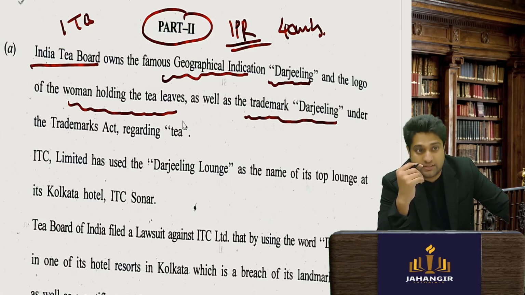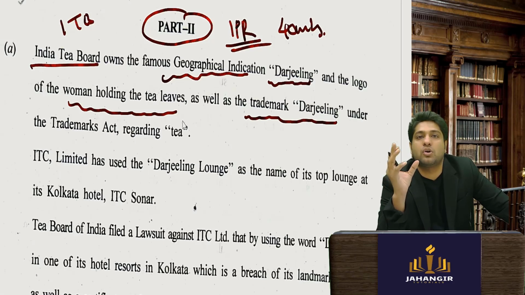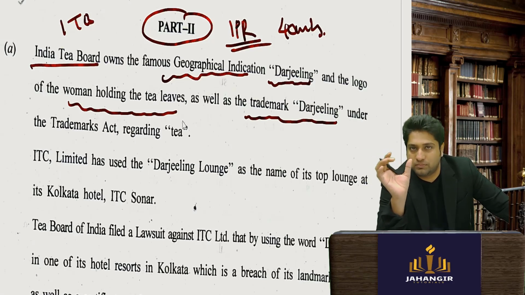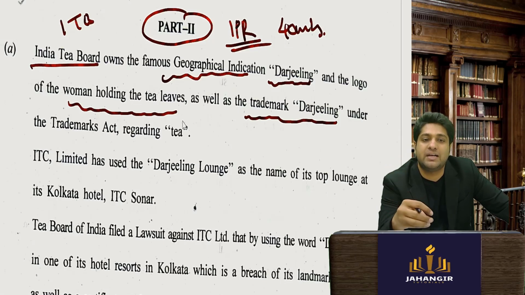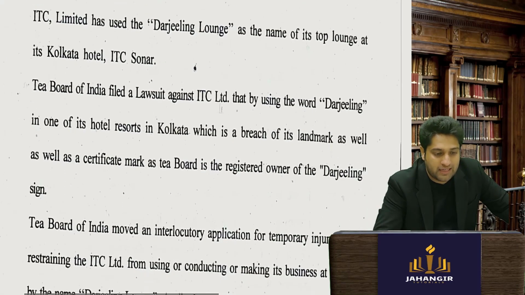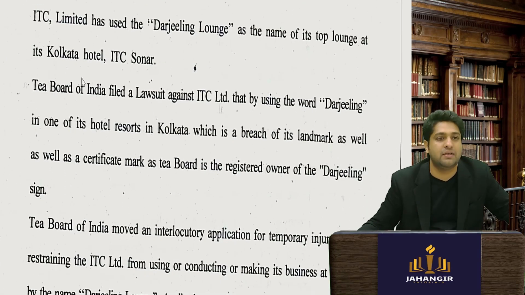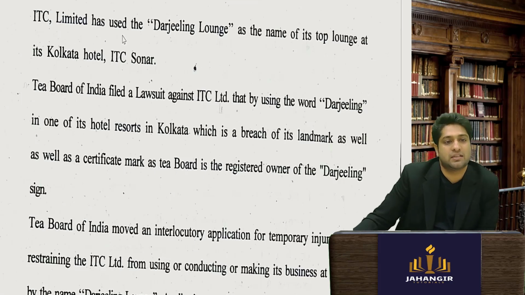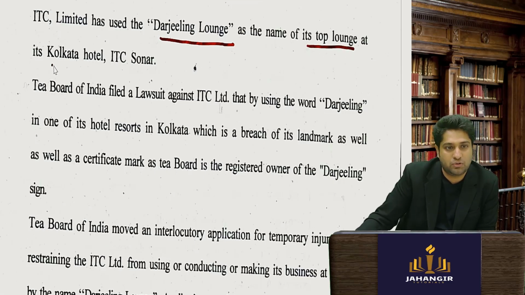So very simple, ITB controls that GI logo and has also made it a trademark. Now ITC has used the Darjeeling Lounge as the name of its top lounge in Kolkata.